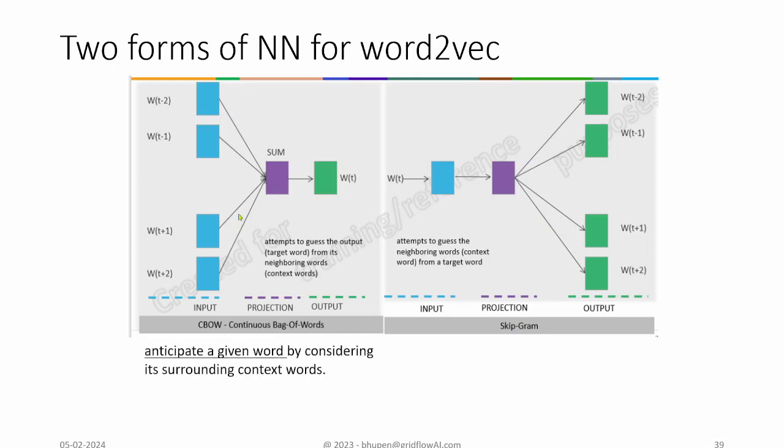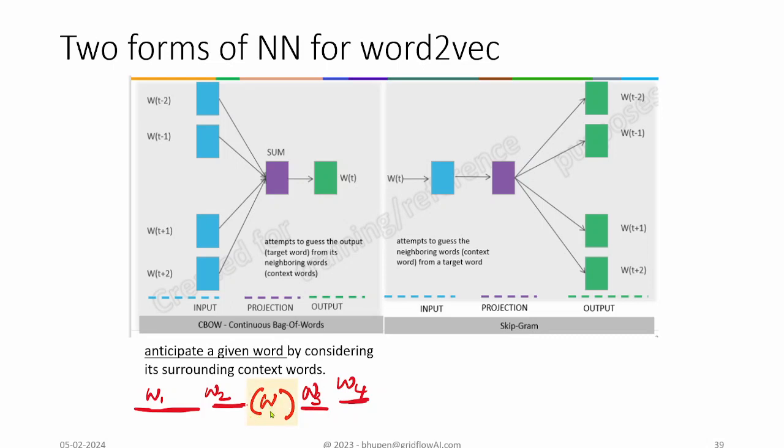The left-side architecture is used to predict a given word. So we are predicting a word here by using the surrounding words. That means, let's say we have surrounding words W1, W2, and then two surrounding words after the main word here, and we are predicting this word here.